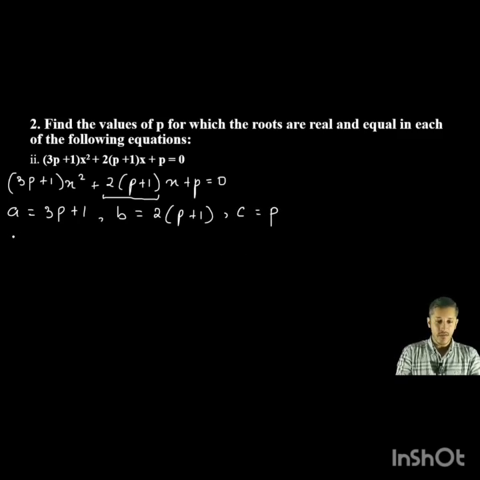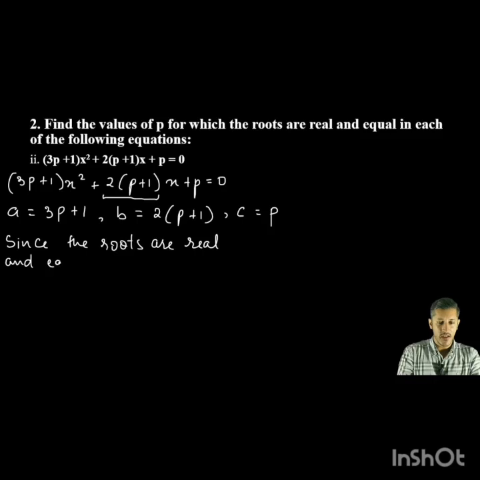Now since the roots are real and equal, the discriminant should be equal to 0. So which equation are we solving here? b² - 4ac = 0.